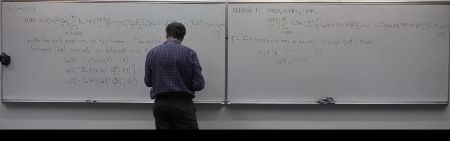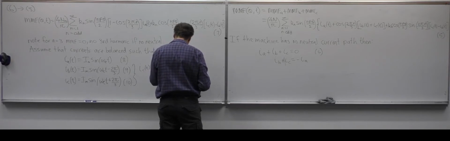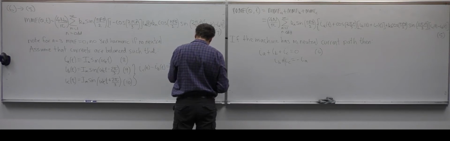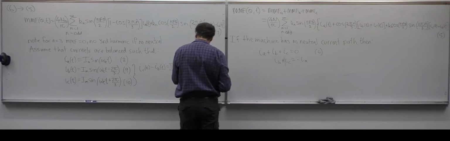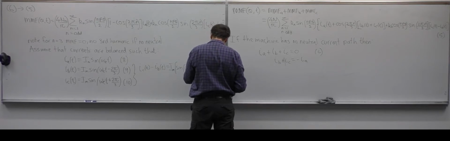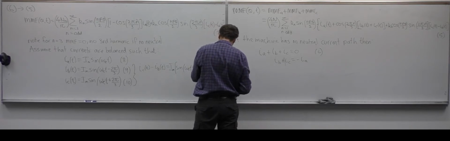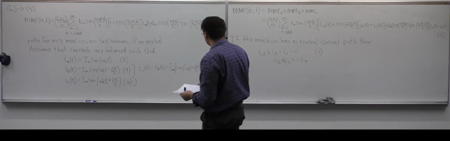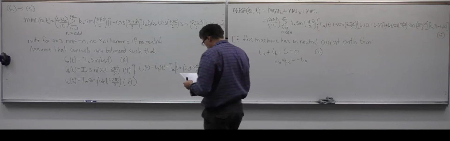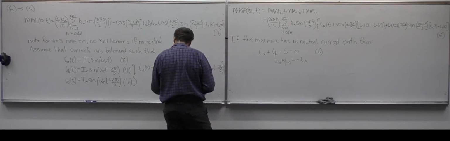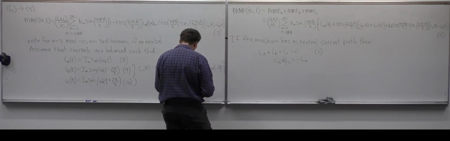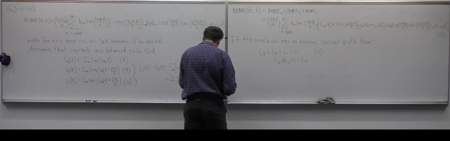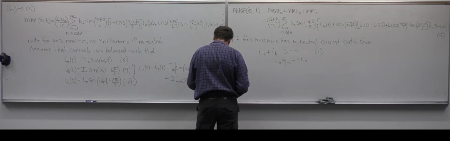That's going to be equal to the magnitude of the current times sine omega et plus 2 pi over 3 minus sine omega et minus 2 pi over 3. If we use a trig identity, this can be reduced down to 2 times Im cosine omega et times sine 2 pi over 3.